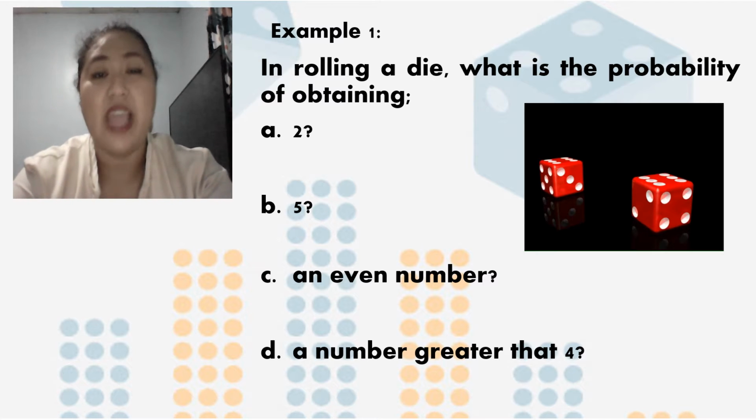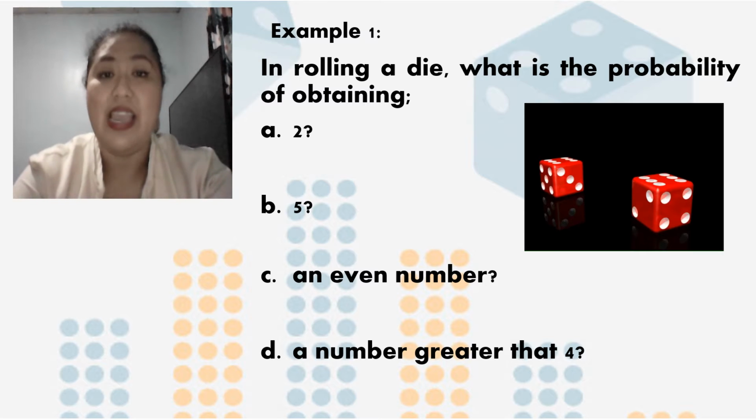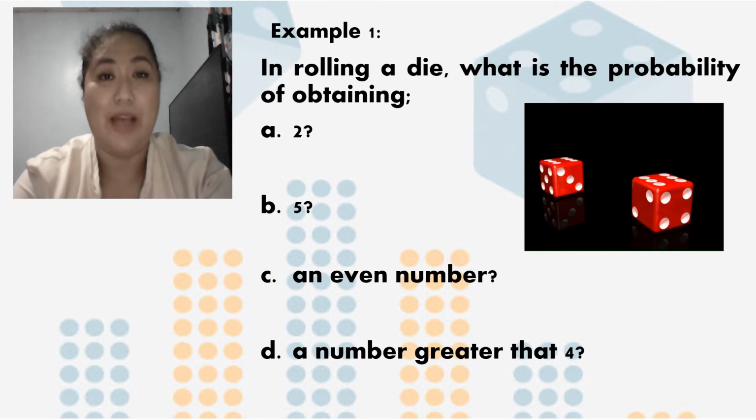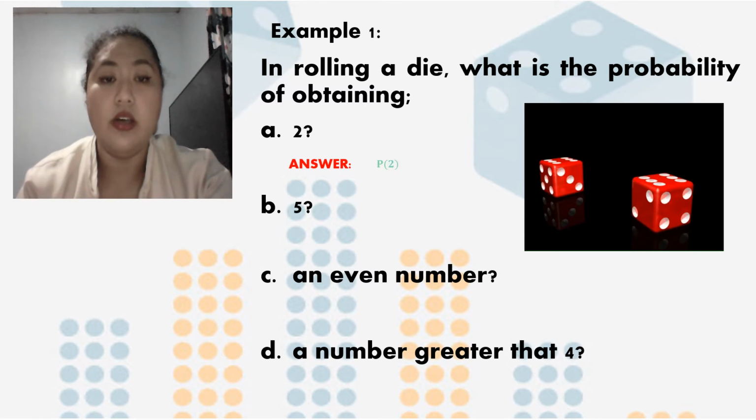Okay, so letter A, ano daw yung probability na ang event natin or the favorable outcome is 2. So we know that in a die, we only have one 2. Tama? So, the probability that when we roll a die, we will obtain 2 is only 1 over 6.